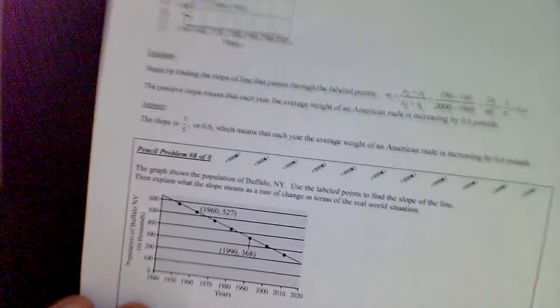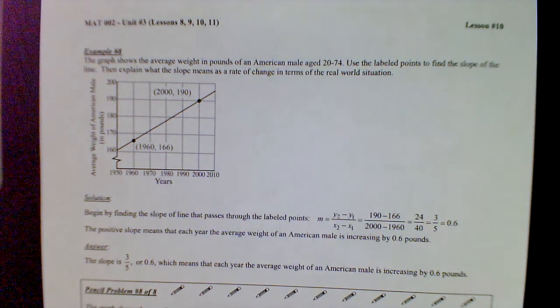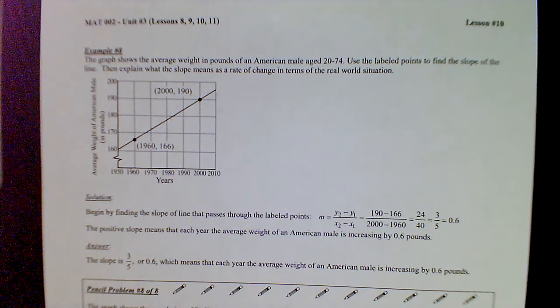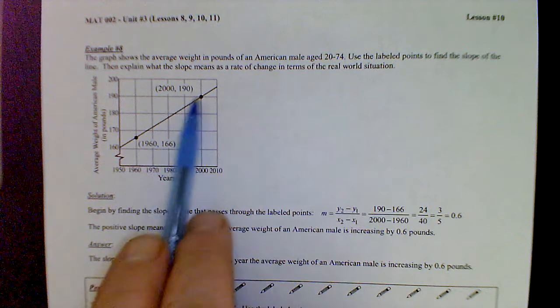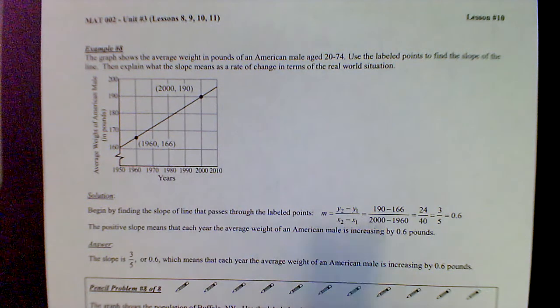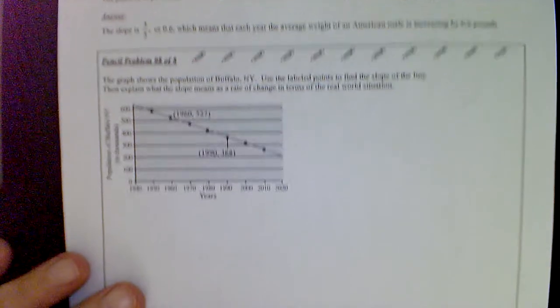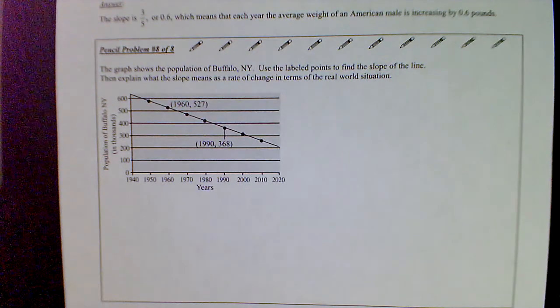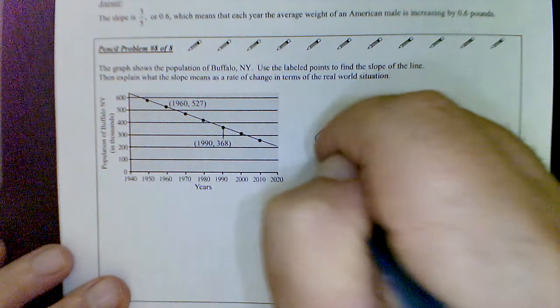I gave an example of the weights of adult males in the United States. And we were given the 2 points, and we just found the slope, and that represented the rate of change. And we'll do the same thing here, population of Buffalo. So we're given the 2 points. You might want to just rewrite them.